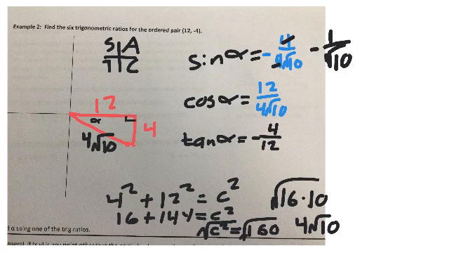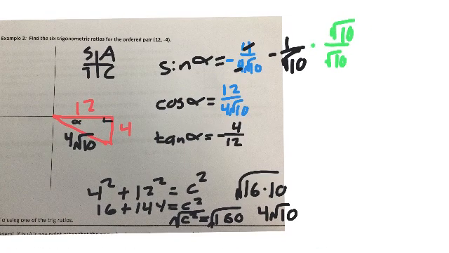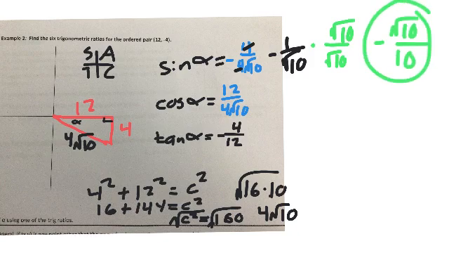And then the way we rationalize is we multiply by whatever's underneath the radical. So because I have a radical 10, I'm going to multiply by radical 10 on top and bottom. And when I do that, that's going to give me negative radical 10 over, and then radical 10 times radical 10 is a positive 10.